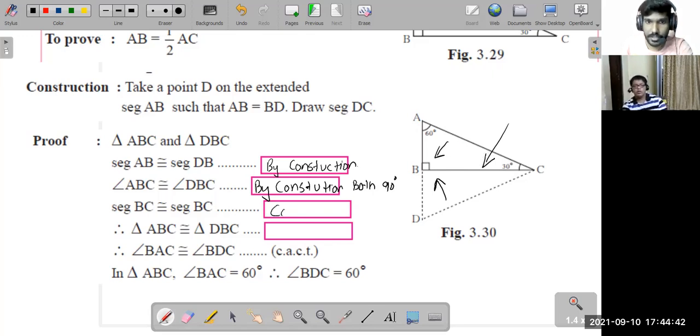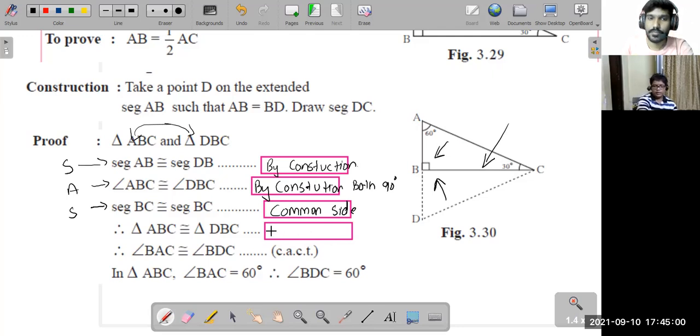So you write here common side. So that's it. Here we have shown a side, here an angle, and here also a side. So both these triangles are congruent to each other by which test? SAS. So here you write by SAS test.